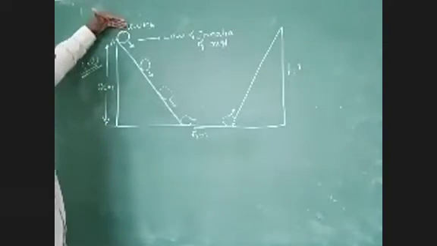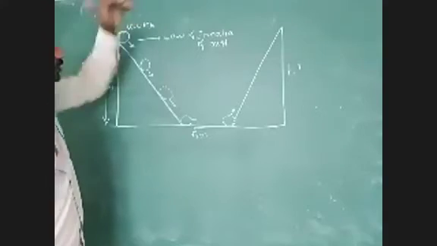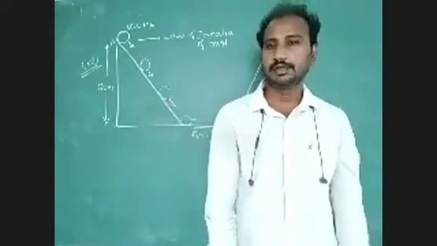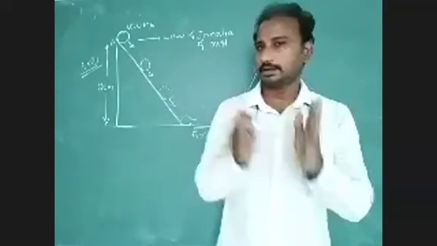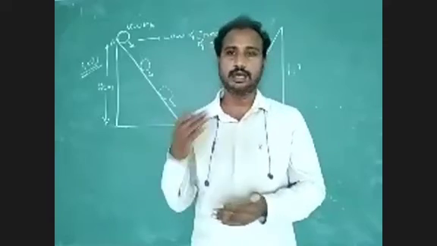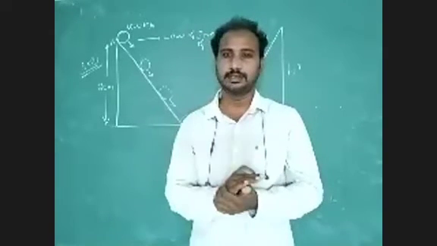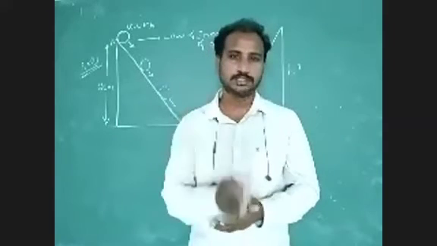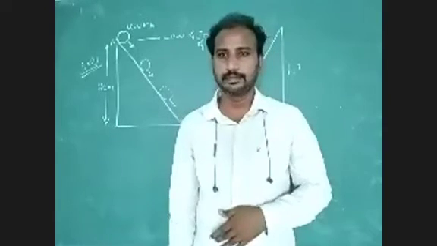What is the initial velocity? Initial velocity u equal to 0 meter per second. So, what is that first definition? Newton's first law definition: every body continues its state of rest or uniform motion in a straight line path if no external force acts on it.